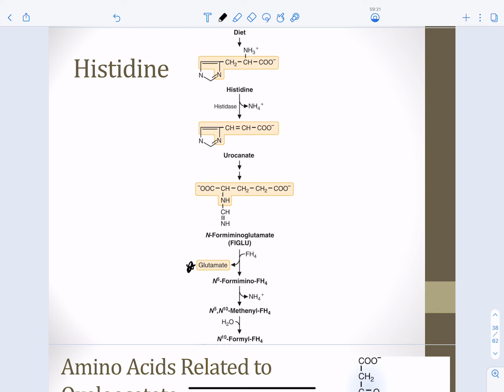This is important because this will transfer a carbon to the tetrahydrofolate pool. So you see here we have a tetrahydrofolate. You're going to pick up one of those carbons and form that N5-formimino tetrahydrofolate, which remember was an intermediate of histidine degradation. Also get glutamate from that, of course.